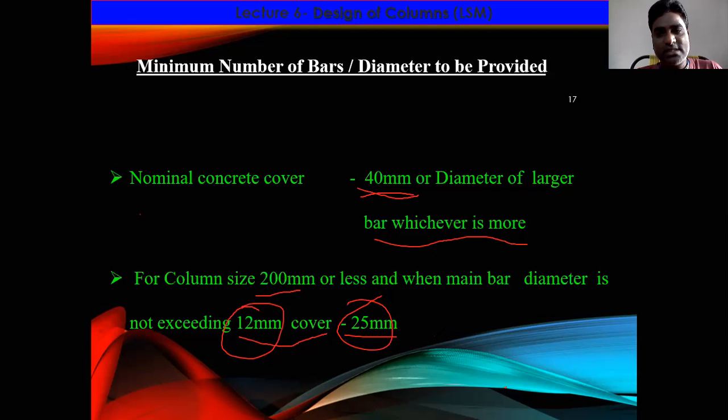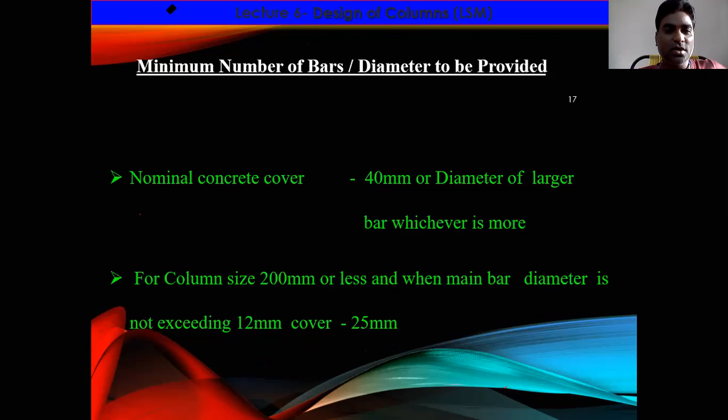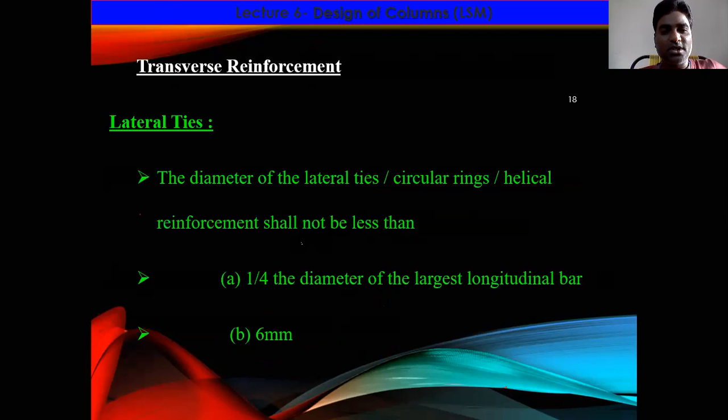If the column size is very less, that means it is 200 or less, but the diameter of the bar should not exceed 12 mm, and the cover is minimum 25. That you need to follow. So these are related to your longitudinal reinforcement in columns.